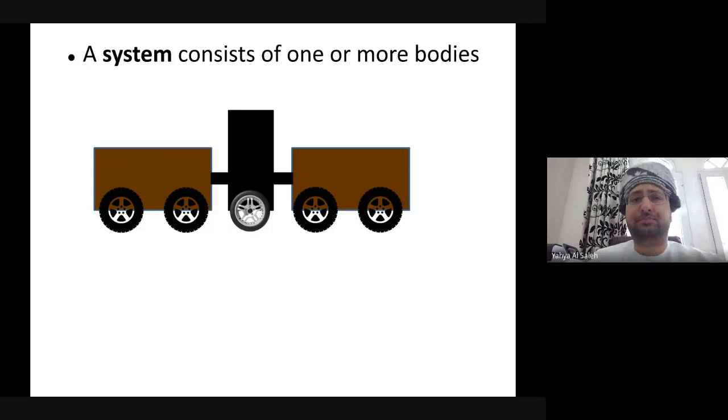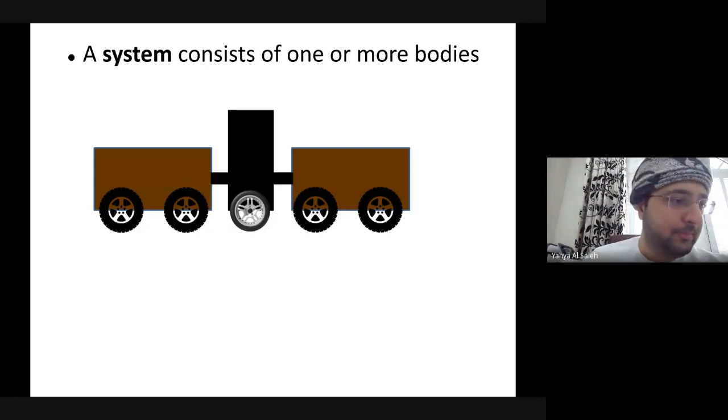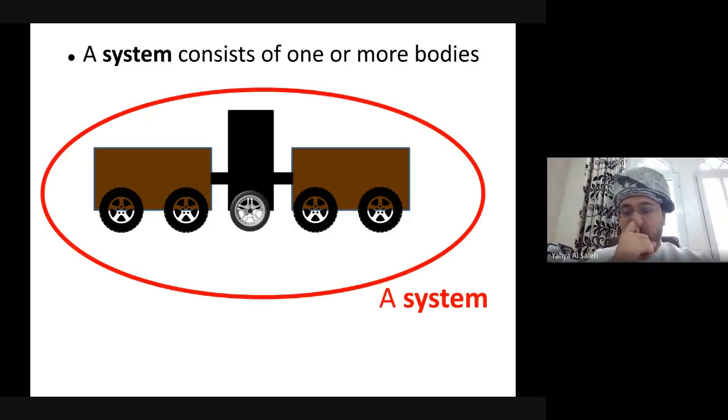What is a system? A system consists of one or more bodies. What does that mean? What am I actually doing? Well, here's a system. It's a bunch of things connected together. Nothing really fancy. A whole bunch of wheels with 2 blocks.